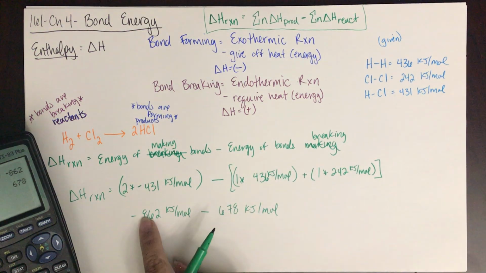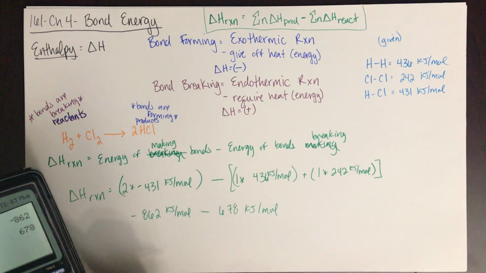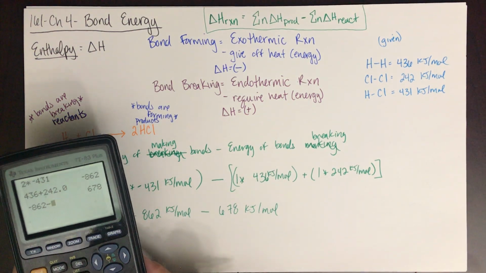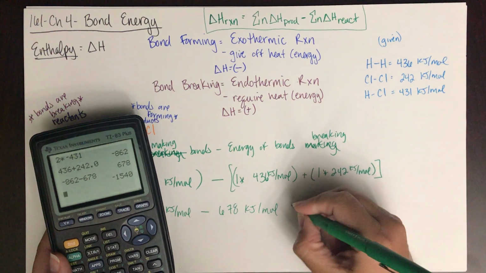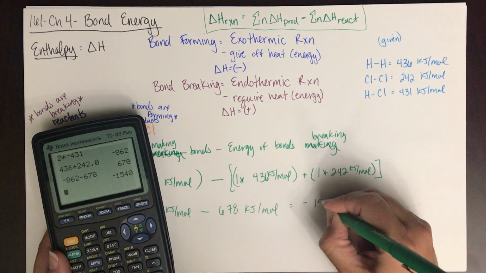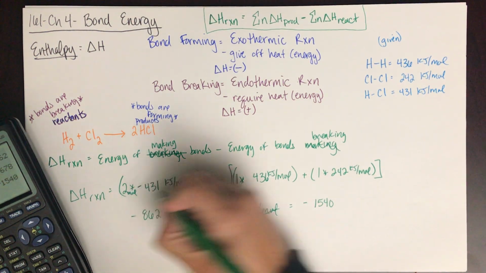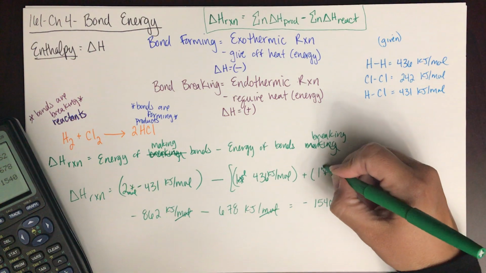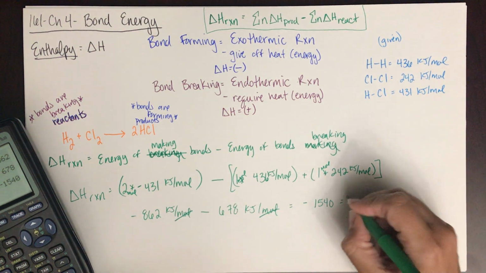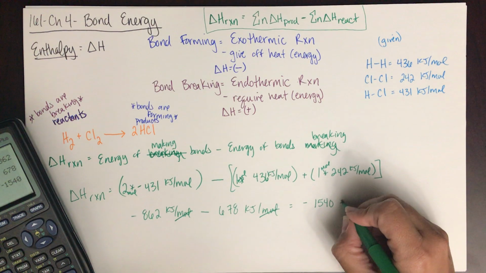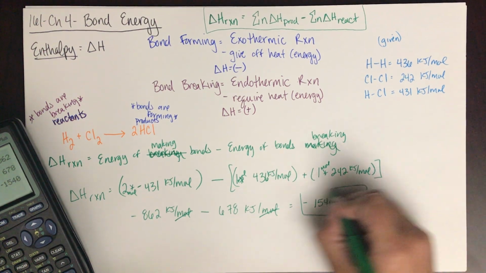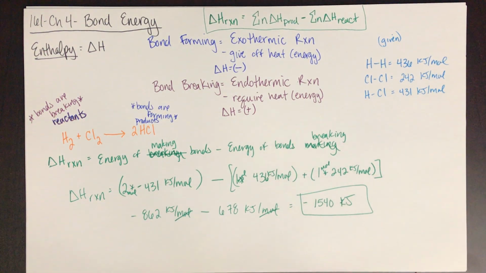So I have negative 862 minus 678 and I get negative 1,540. So these moles should be gone, right? Because this is 2 moles, this is 1 mole, this is 1 mole. So the moles will cancel. So negative 1,540 kilojoules is my final answer. That is the overall enthalpy change in this reaction.